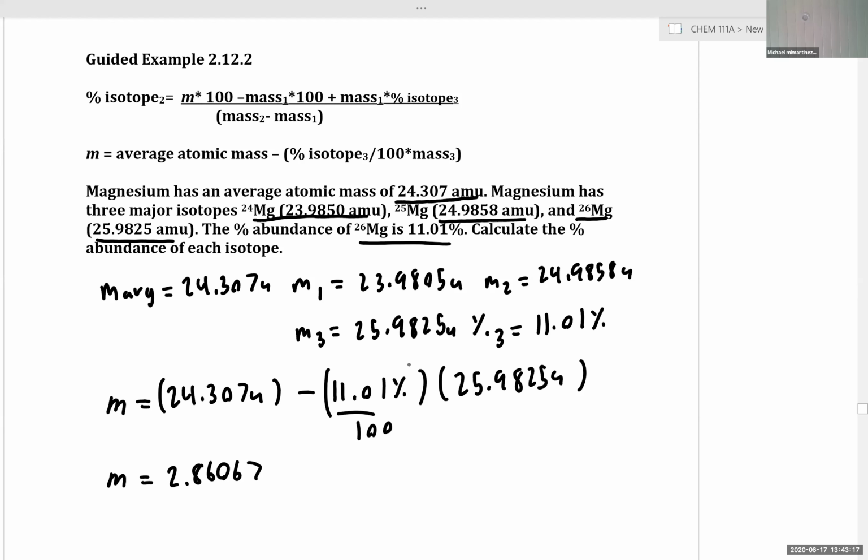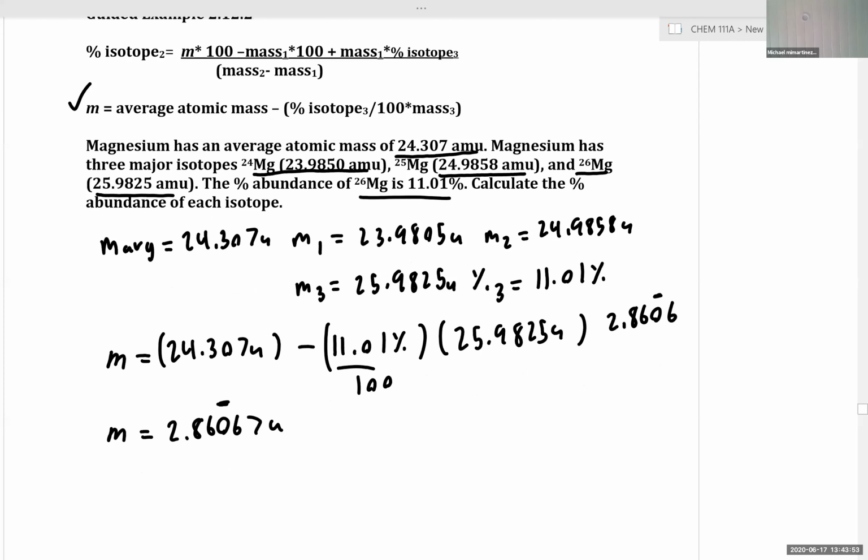Let's just check really quickly: 25.9825 times 11.01 over 100. This answer is 2.8606. It has 4 sig figs, so we'd only care about 3 decimal places. Perfect. Okay, so we have the adjusted mass checked off.